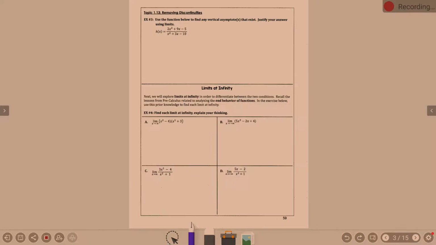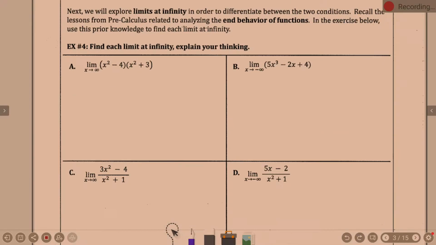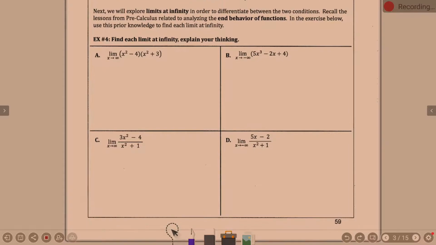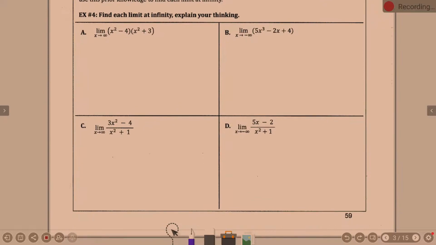If we were to FOIL this out, what would be our highest power?